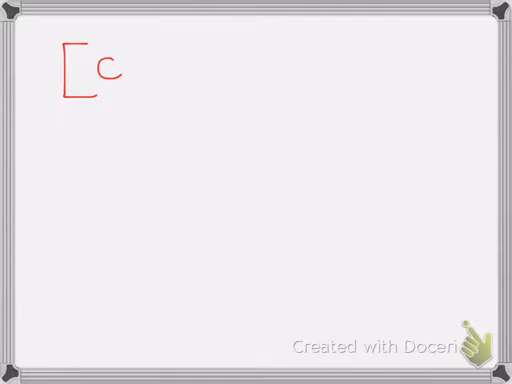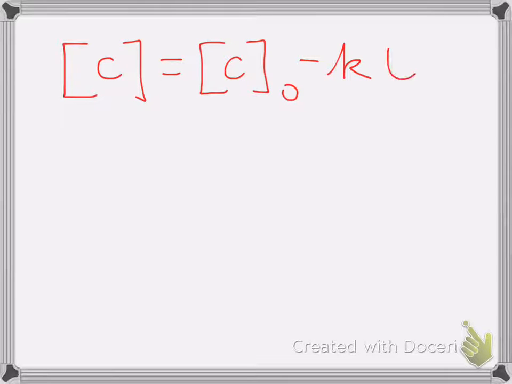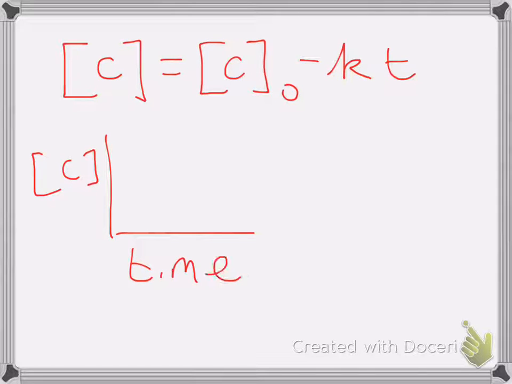So let's look closer at the zero order reaction. So here is our rate law, and concentration here with time, it is a line, right? It starts off at a concentration C0 with time, and then is linear.